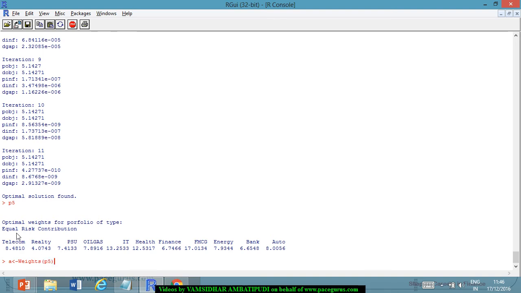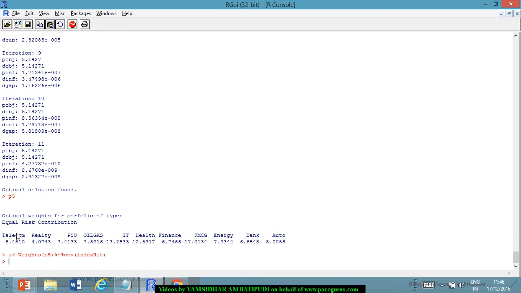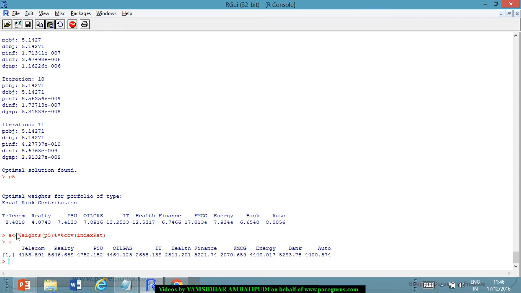So in this case, let me take the weights of P5 and do a matrix multiplication with the covariance of the index returns to try to understand the overall variance. So here A is coming out to be this much. Then I'll do a summation of A multiplied by the weights of P5 to finally arrive at the total variance of the portfolio.